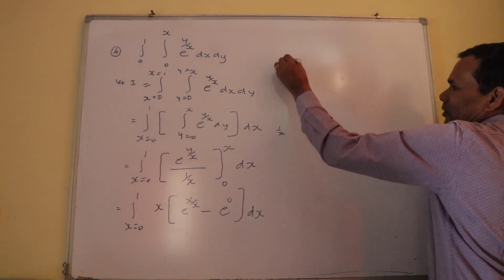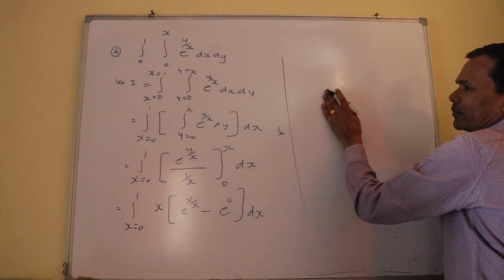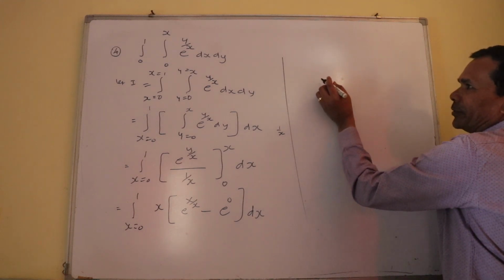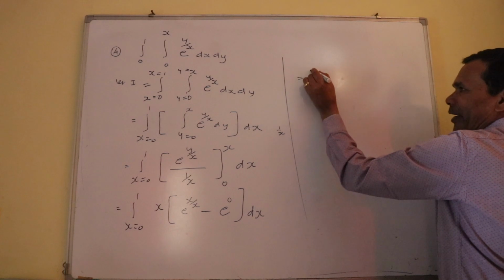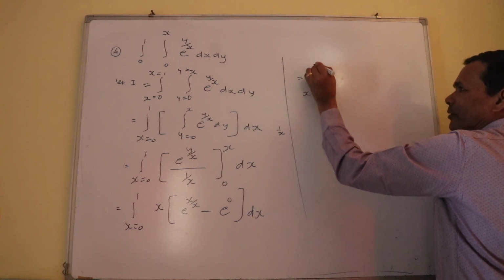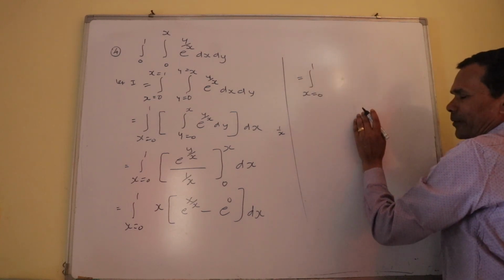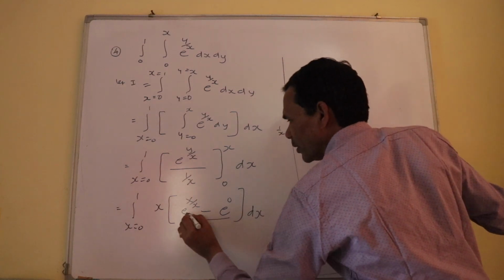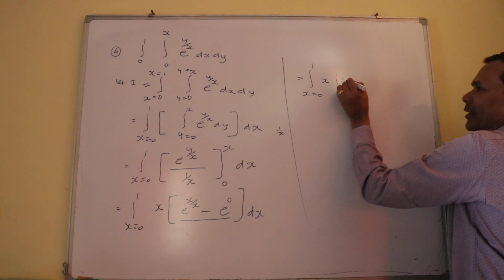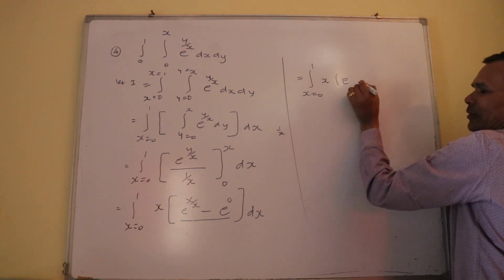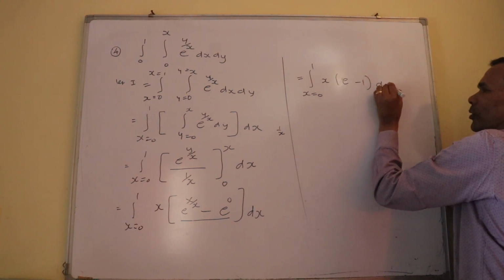So I simplify this. This is equal to x from 0 to 1. If you observe here, this is x into e minus 1 into dx.